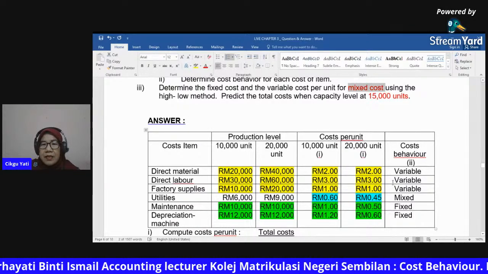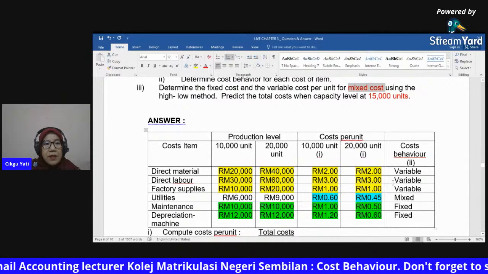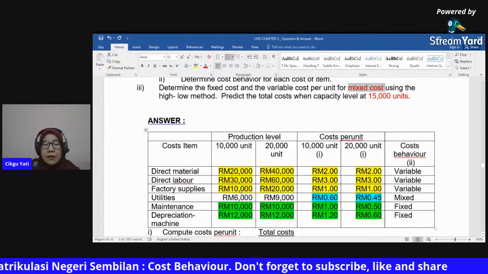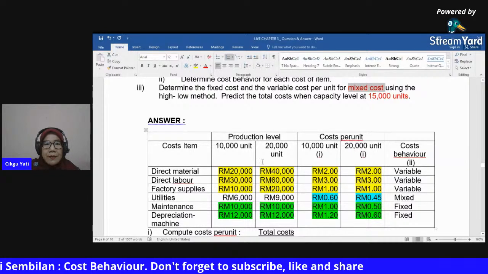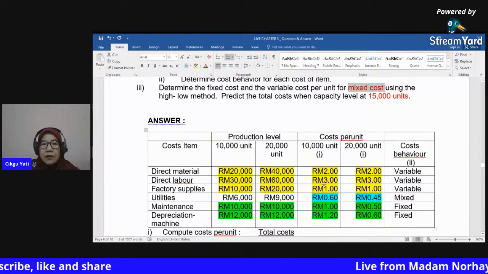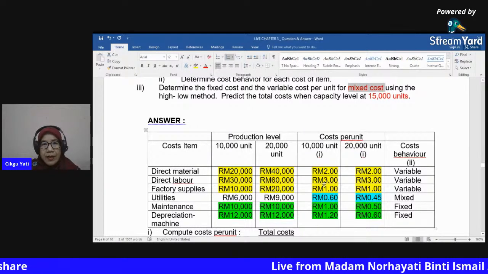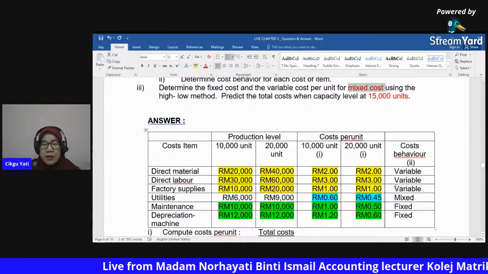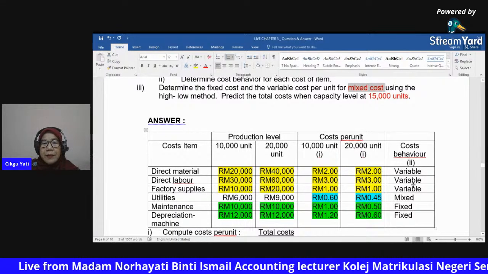So we classify that as variable cost. Also for factory supplies, the cost increases when the level of output increases, and the variable cost per unit remains constant. So that is classified as variable.